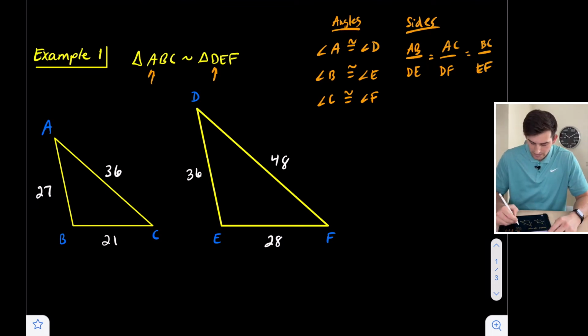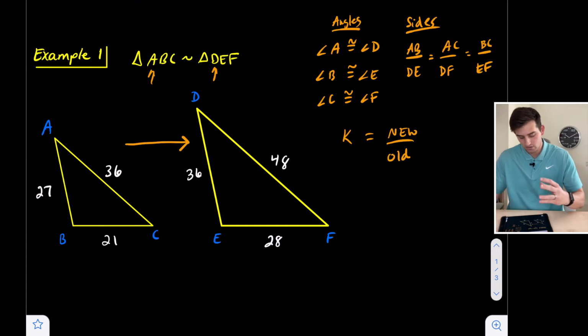Now how would we find K? Let's assume that we're going from triangle ABC to triangle DEF. To find K, we take the new shape divided by the old shape. Our new shape is triangle DEF, our old shape is triangle ABC.